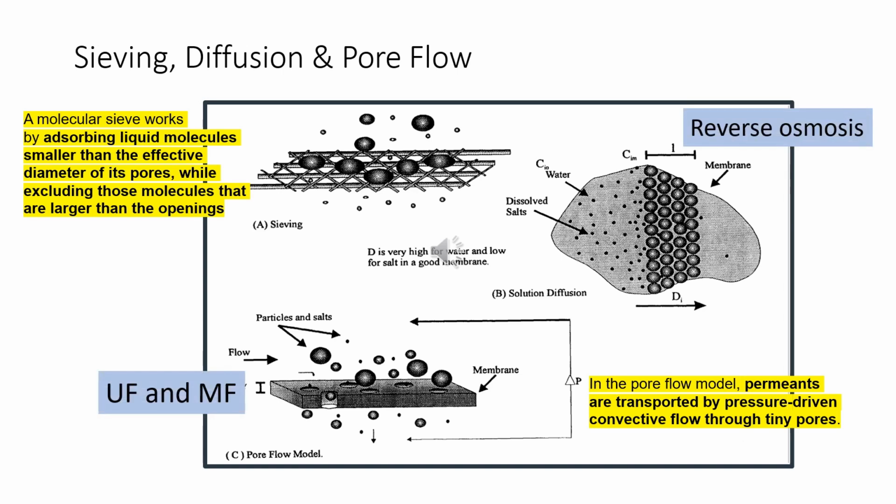Consequently, membrane processes such as gas separation, pervaporation, and reverse osmosis are due to diffusion, or more precisely to the solution diffusion mechanism. On the other hand, ultrafiltration and microfiltration work by the pore flow mechanism.